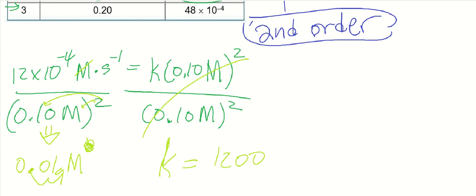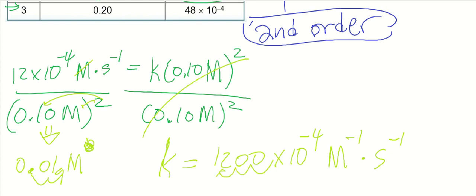Use your calculator if you need to. Times 10 to the negative 4. And the unit we're left with is molar. That molar is on the bottom, so we'll write molar to the negative 1 times seconds to the negative 1. Now we need to rewrite the scientific notation for sure.